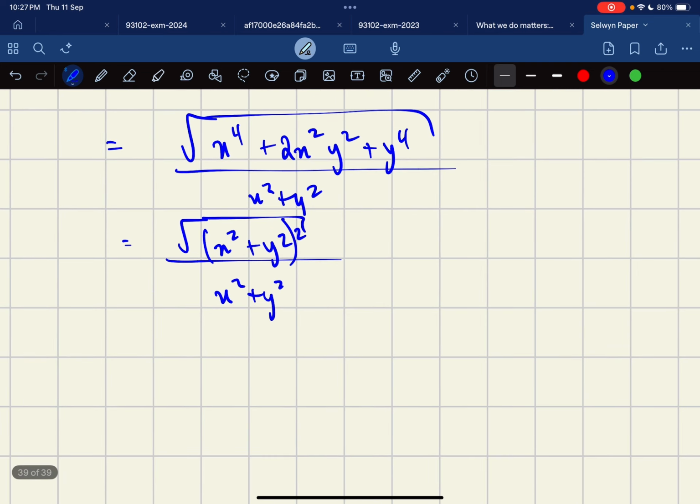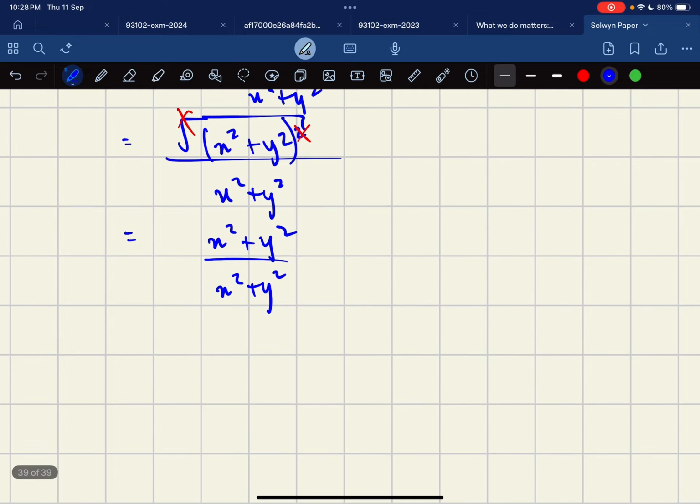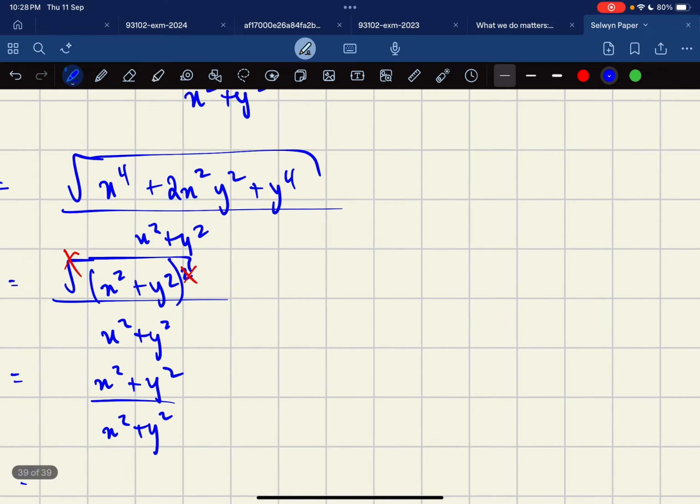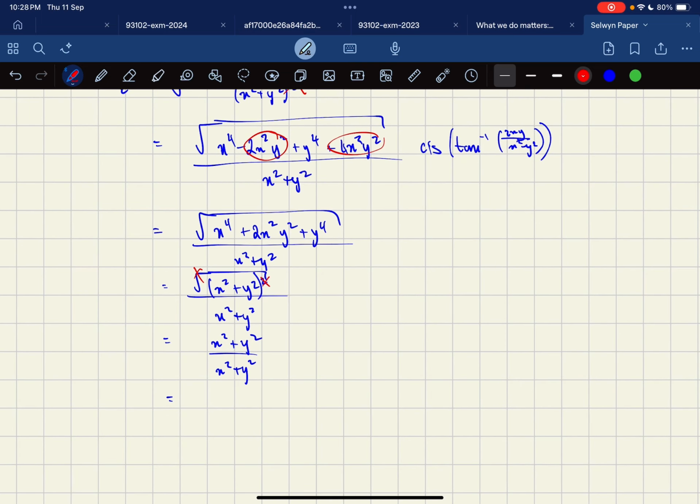So you can use the square root to cancel out the squared. All you're left with is x squared plus y squared over x squared plus y squared, which simplifies down to 1. So all of this actually cancels out to 1. So all we're left with is just the cis component.